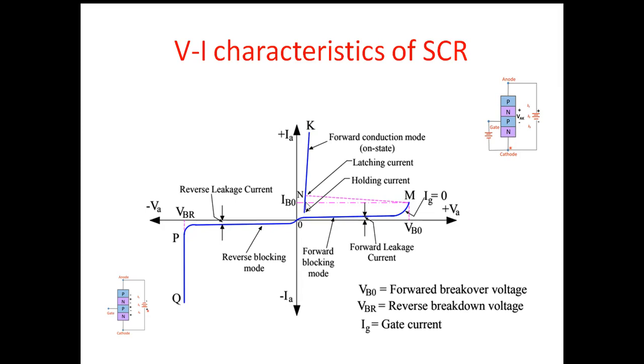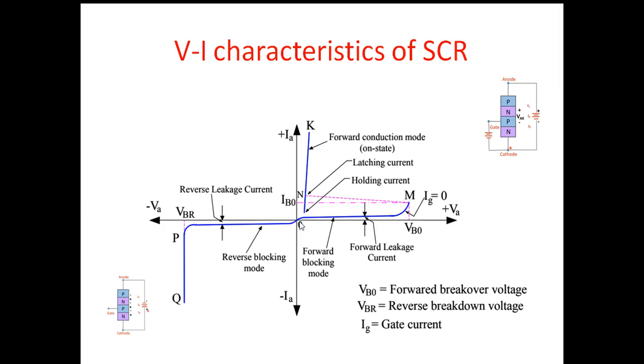When we are turning off the SCR, that is commutating the SCR using an external circuit, the anode current of the SCR should be reduced below the holding current for proper turning off. This is regarding the SCR characteristics in forward bias.